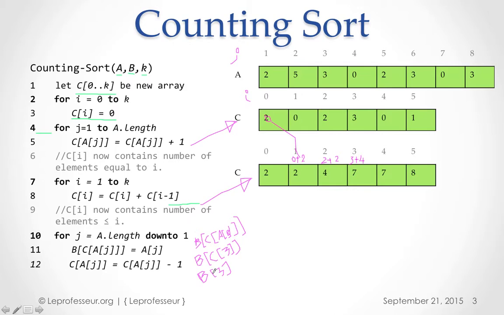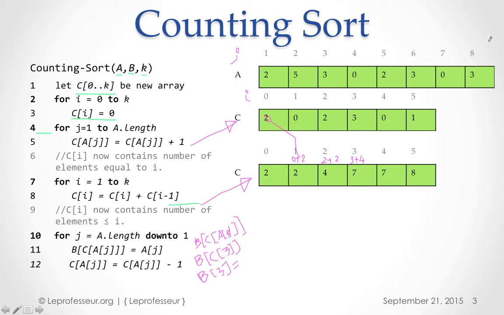So we finally got B3, and B3 is equal to, so remember B is our array which will have the sorted values. So at the position number 3, we will have A of j.